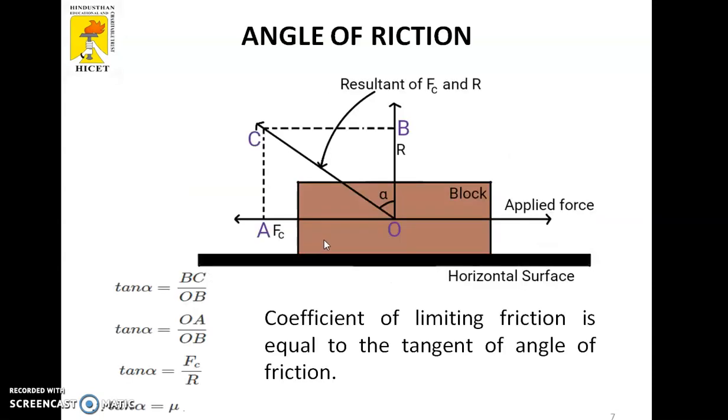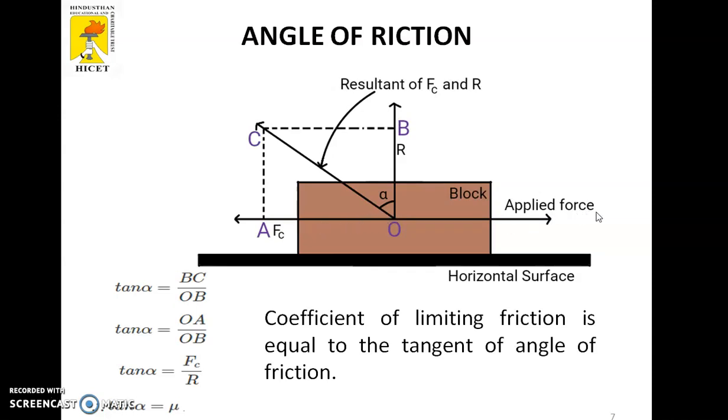The next one is the angle of friction. Take this block; it has a number of forces acting like this. First, from the point O, the weight is acting vertically downward. As per Newton's third law, the reactive force is acting vertically upward. R is the reaction force on the block, and then there is the frictional force.